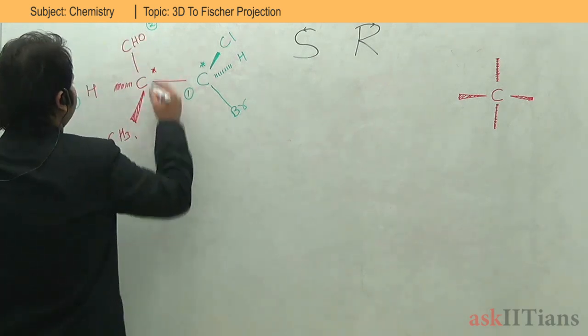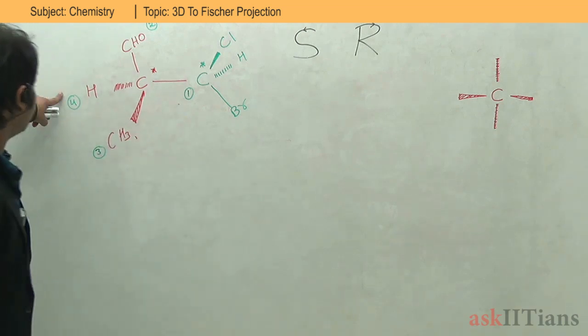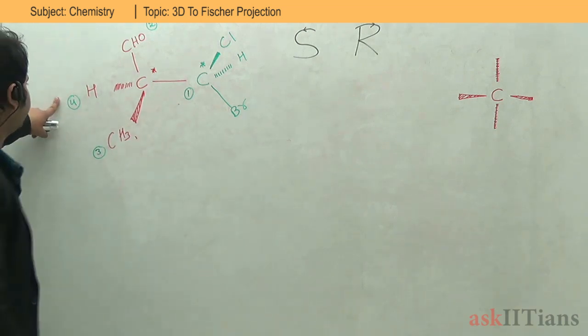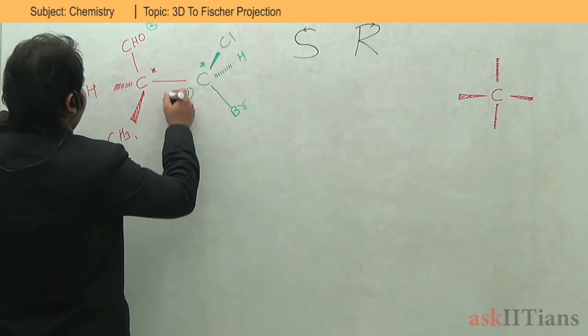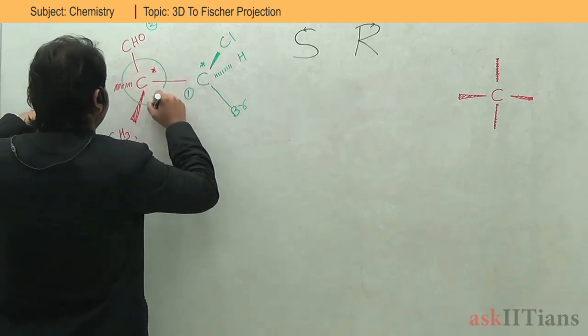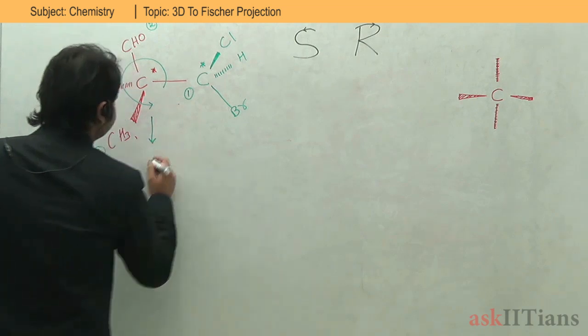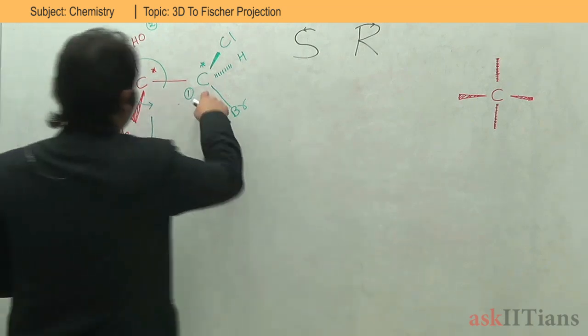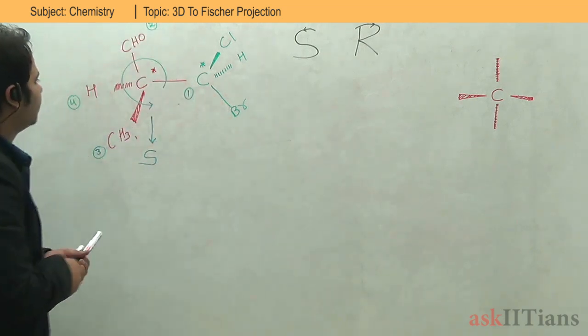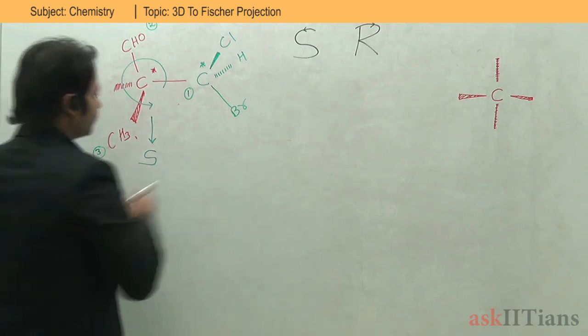Now for this one, my fourth position, H, is on the dash line, so I have to take the rotation 1, 2 and 3. That gives me anti-clockwise, which means it's an S configuration. Now look at this other chiral carbon atom, and for this one I have Br over here.